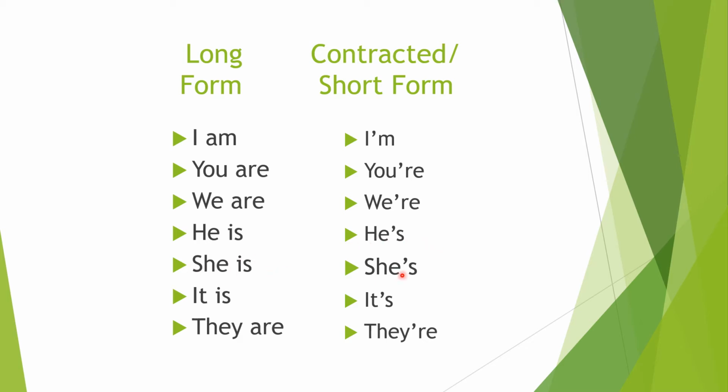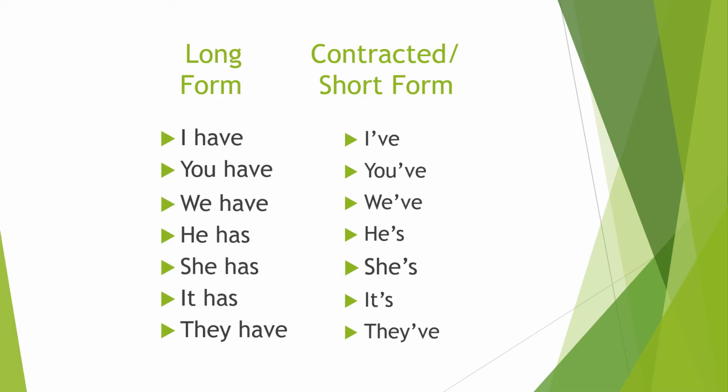She is, she's. It is, it's. They are, they're. It's the contracted form. Okay. And I will tell you the other meaning of these three words also: he's, she's, it's. In the next slide, you will come to know the other meaning. Okay.